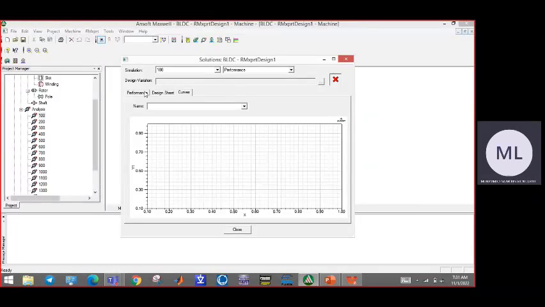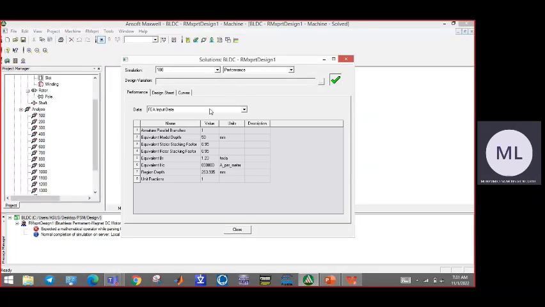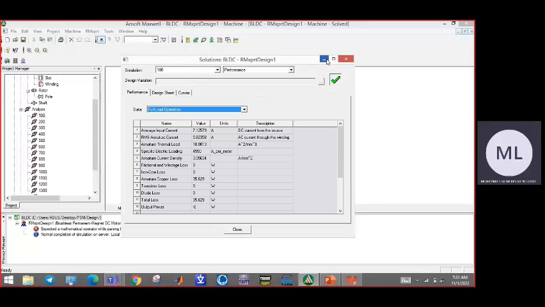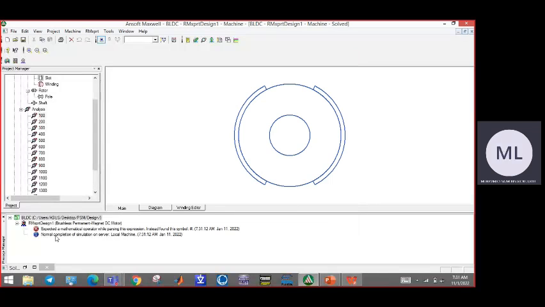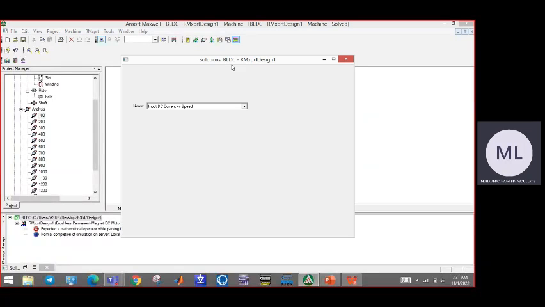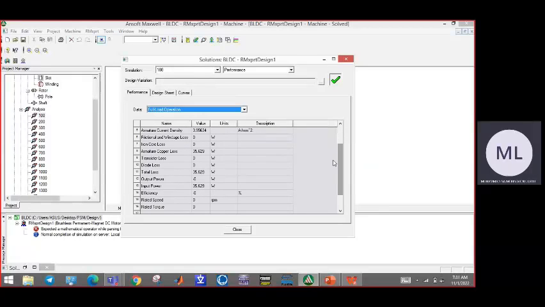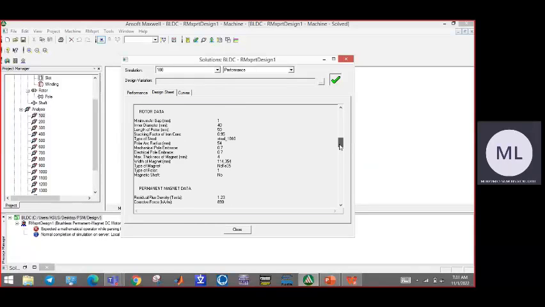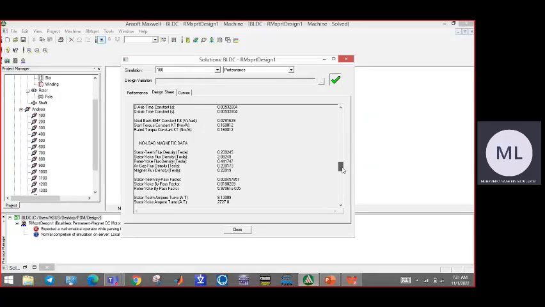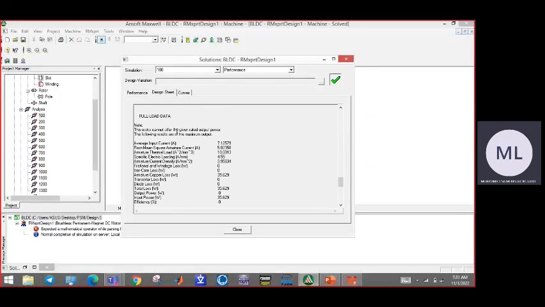Okay, for the full load, as you can see here, it has an error because of the braking speed, so the motor cannot produce output power for full operation. As you can see, the output power is 0 and the efficiency is 0%. This is because this motor cannot offer the given rated output power.